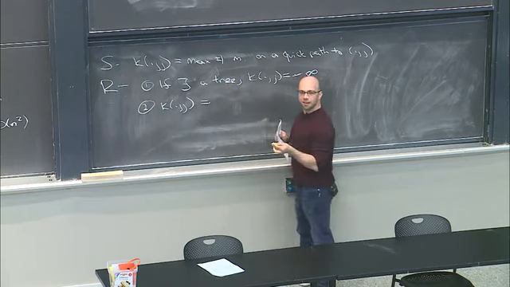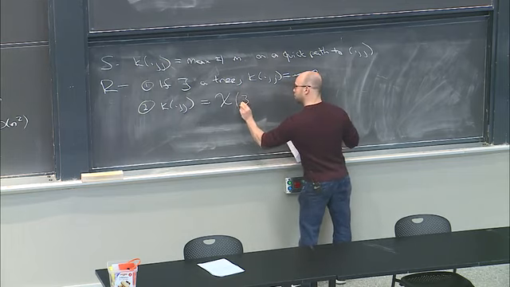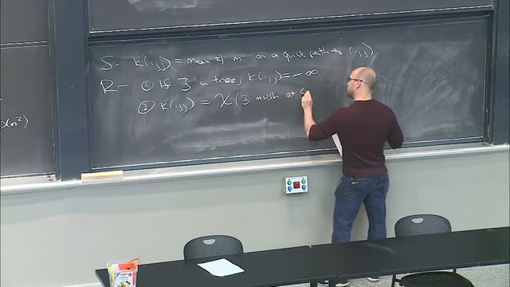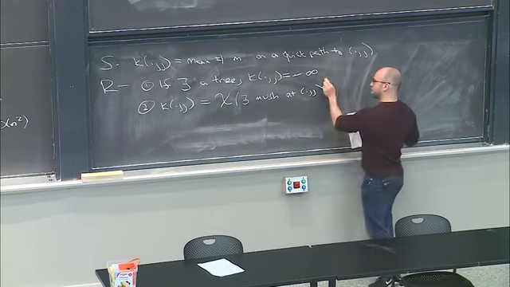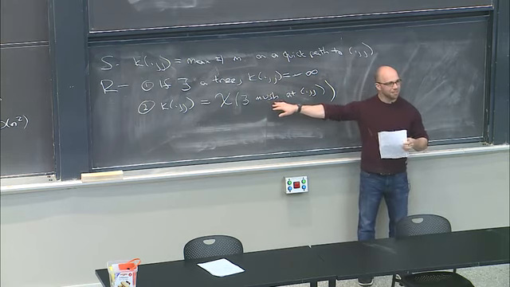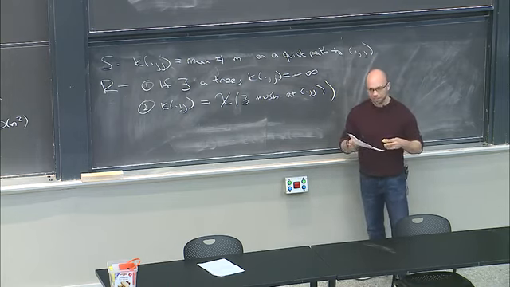I'll use unnecessarily fancy notation. This is an indicator of whether there exists a mushroom at position ij, right? Meaning this is a 1 if there is, and there's a 0 if there's not. Sometimes this is indicated with a 1 with a little subscript, but whatever.